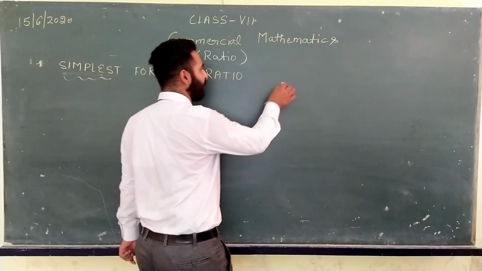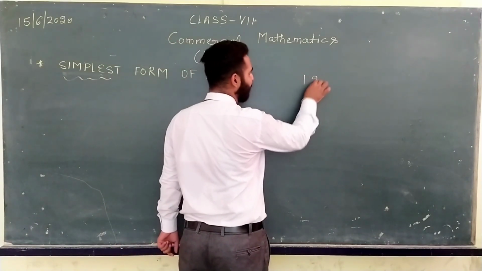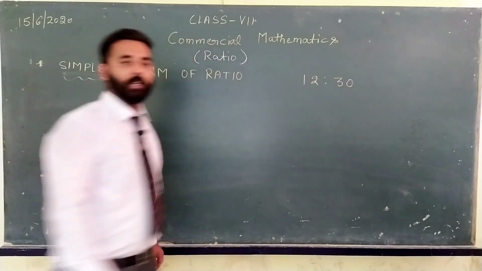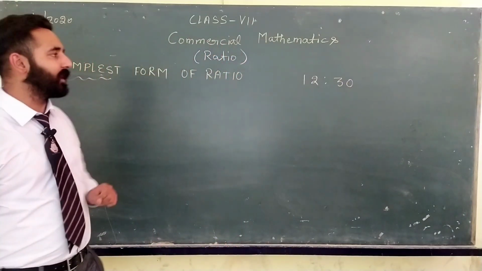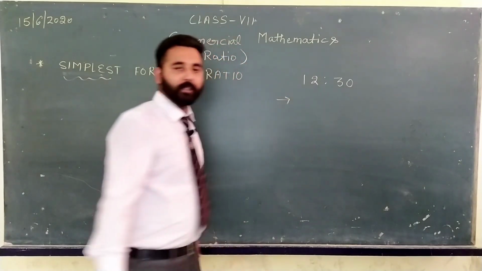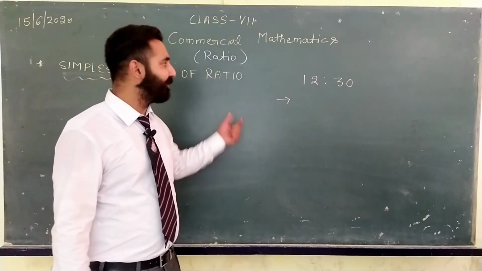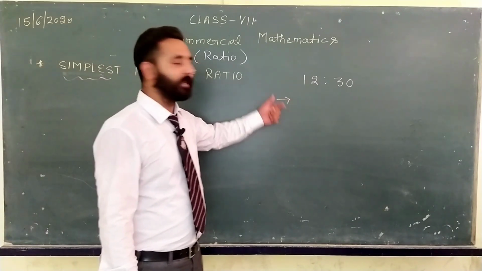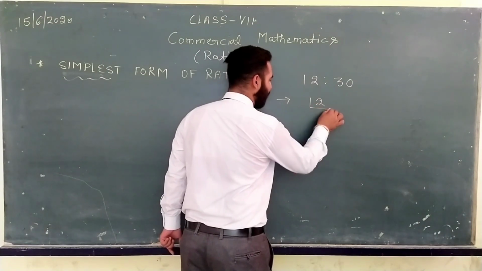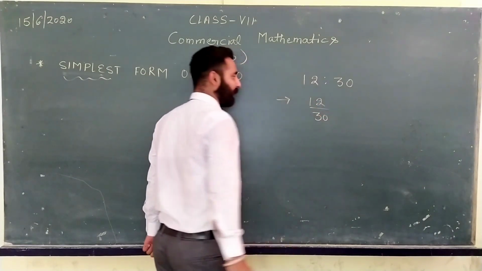For example, I am having 12:30, and I have to convert it to simplest form. As I told you, to convert it to simplest form, the first step is to write it in the form of a fraction: 12/30.